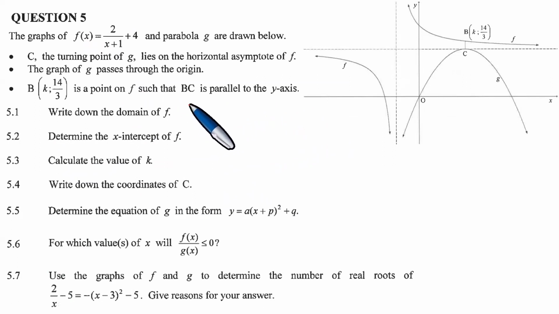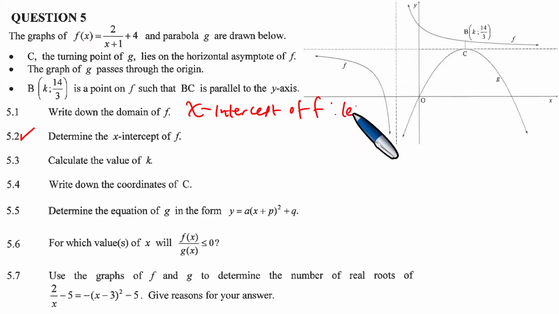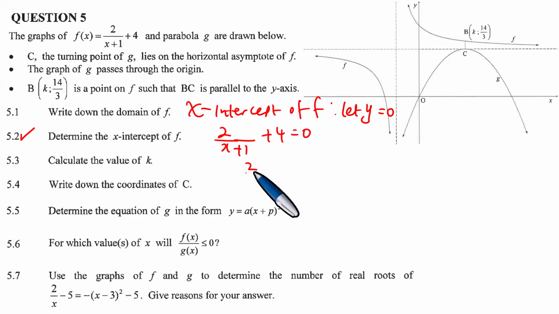Right, so to find the x-intercept, we're doing 5.2 right now, what we do is we let y be equal to 0. And when y is 0 in the function f, you will then have 2 over x plus 1, plus 4 equals 0, which is 2 over x plus 1 equals -4.